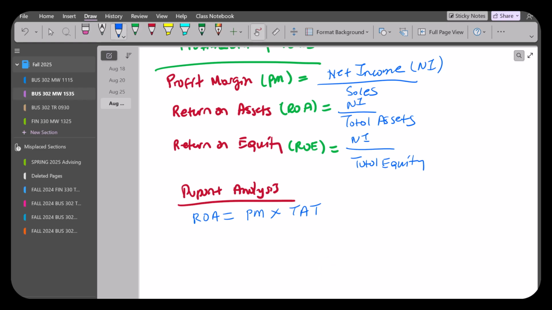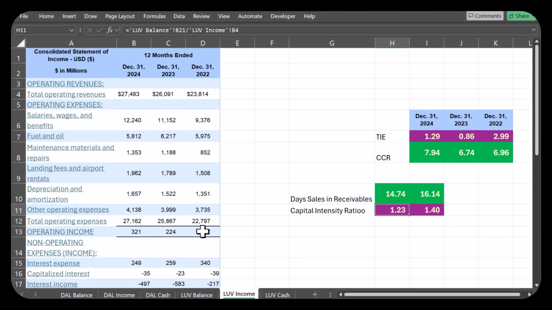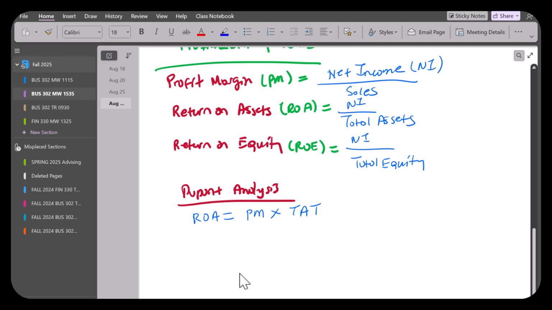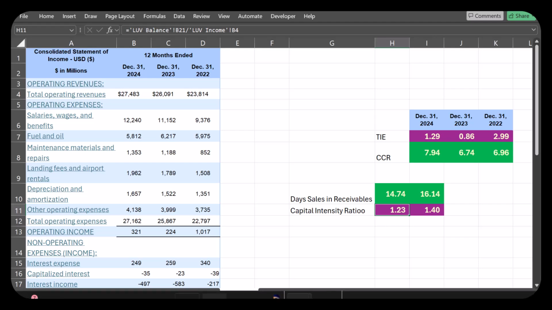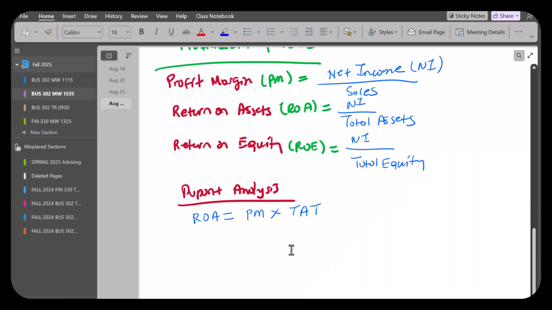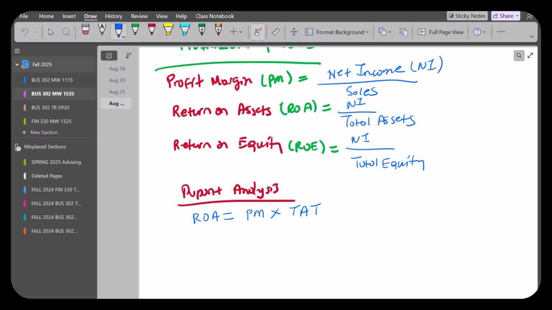Of course, you can write ROE also as total assets over total equity, which is also 1 plus the equity ratio.